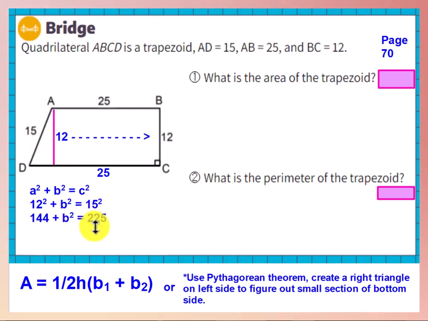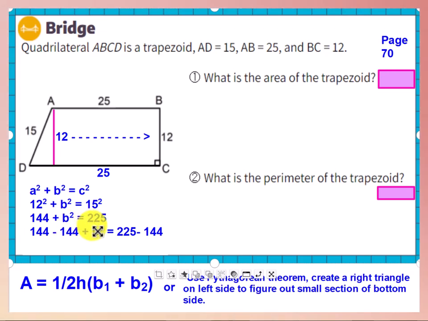12 squared is 144. 144 plus B squared equals 15 squared, which is 225. Now subtract 144 from both sides. 144 is a constant term, so it cannot be subtracted from or combined with anything that is not a constant number. All right, so 144 minus 144 is 0.